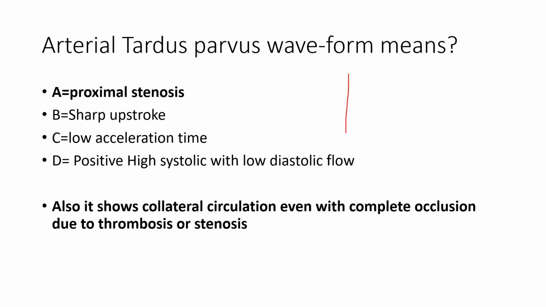We have velocity, we have time, and most of the time we can find a tardus parvus with high diastolic flow, very long time for acceleration, a slow peak velocity, and then again high diastolic velocity.